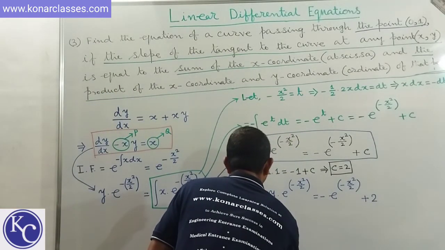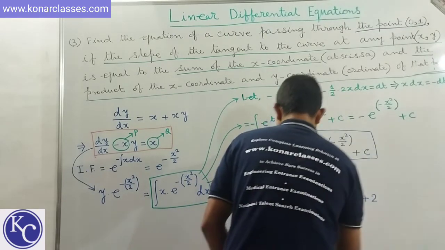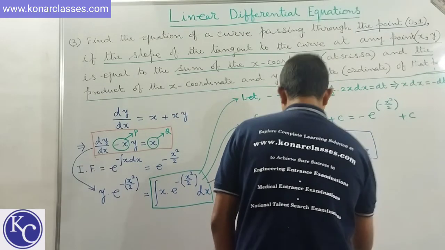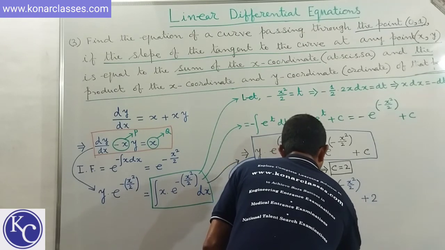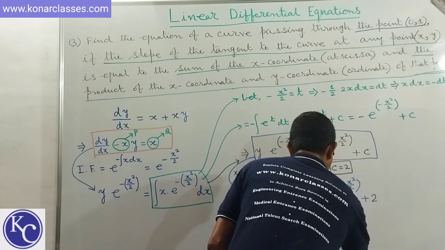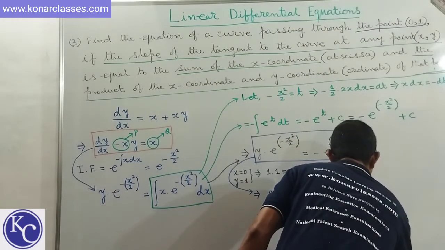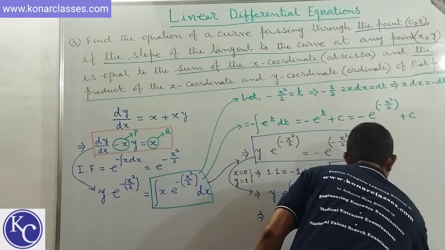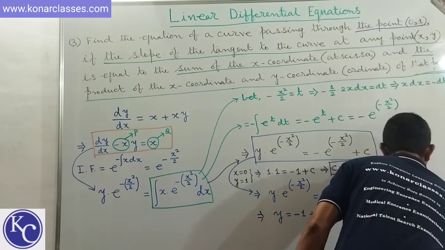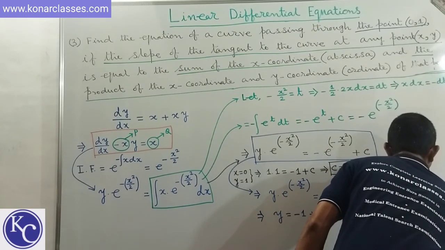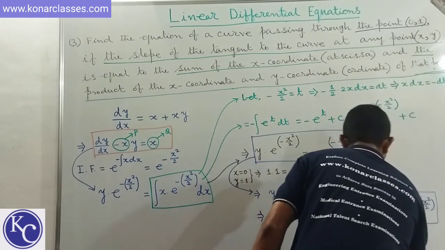So from here we get y is equal to minus 1 plus 2 into e power x square by 2. Or we can write y plus 1 is equal to 2 into e power x square by 2, and this is the solution to the given differential equation.